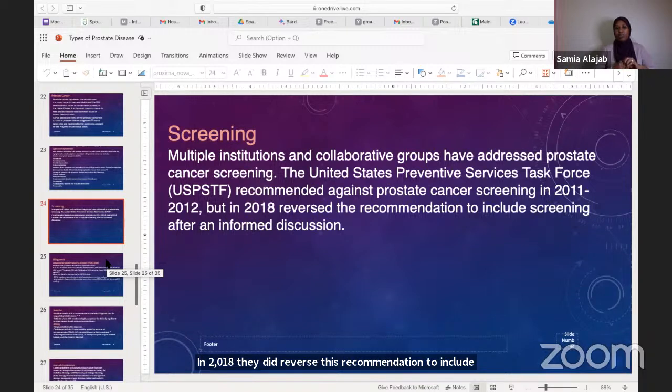There are certain criteria, and it depends on patient preference and patient decision. As I mentioned, Dr. Nader put up a slide about prostate cancer screening, and we can maybe go through this in the next session.